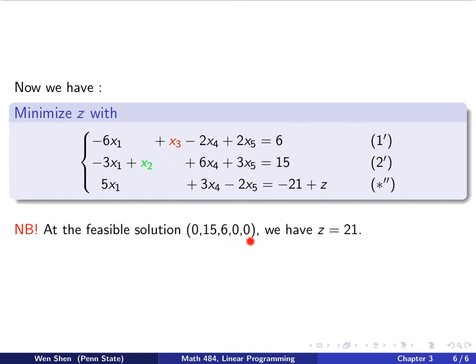And at this solution, what is the value of z? Well, you know x3, x4, x5 will all be 0, right? So the left-hand side here will be 0. So z would equal exactly the negative of this quantity, okay, which is 21 here.